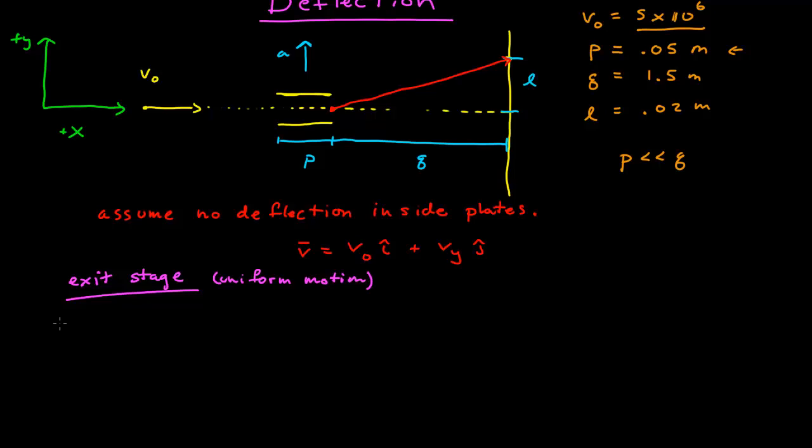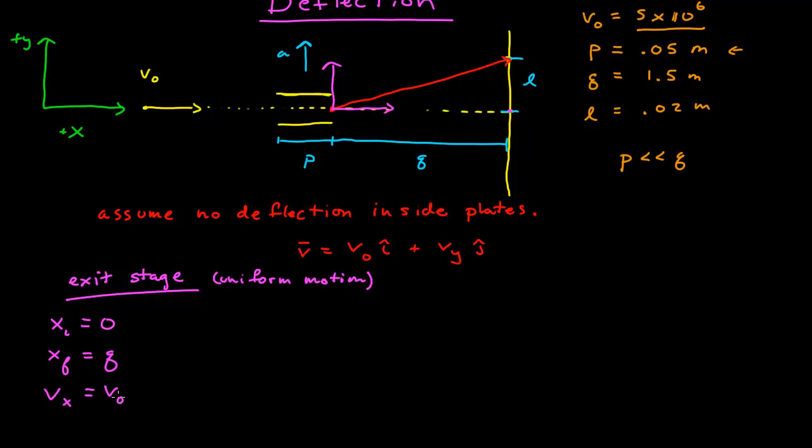So let's look at our two dimensions. I'm going to put my coordinate system right at the exit. That's my origin, so my initial x position is 0. My final x position is when it gets to the screen, so that's a distance of q from the origin where it exits. My final velocity is equal to v naught, my initial velocity.